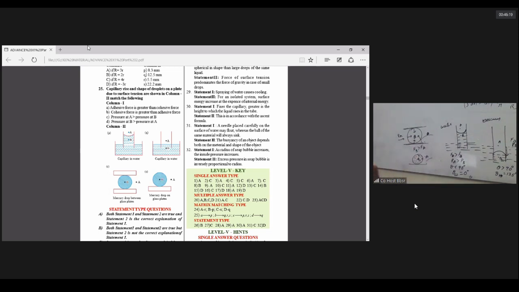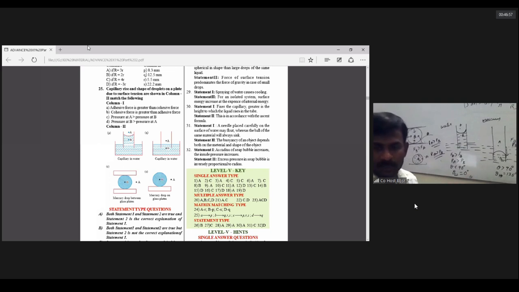So chances are there due to the normal reactions and the pressure due to the glass plate. Similarly here also, but here the normal reaction is upward. Mercury drop and glass plate, I think it does not wet the surface.